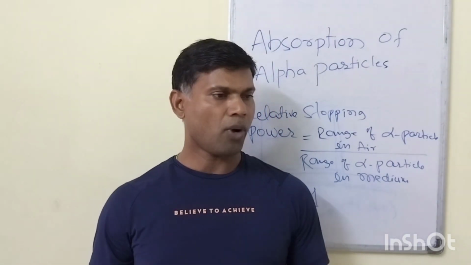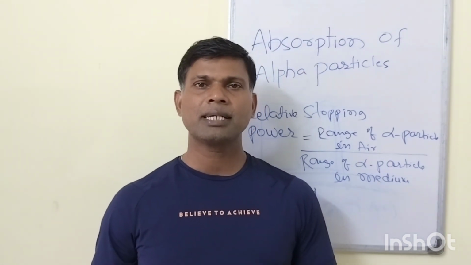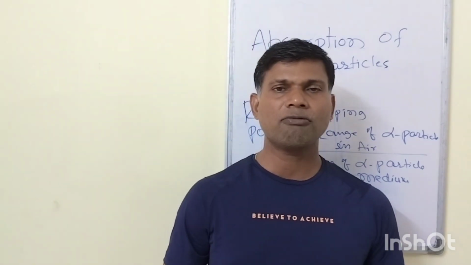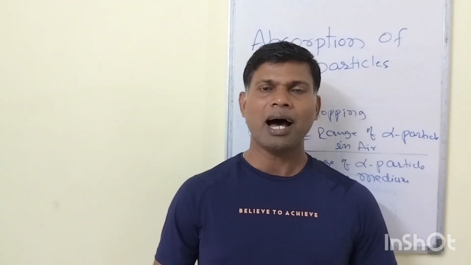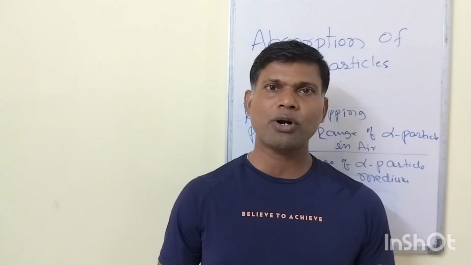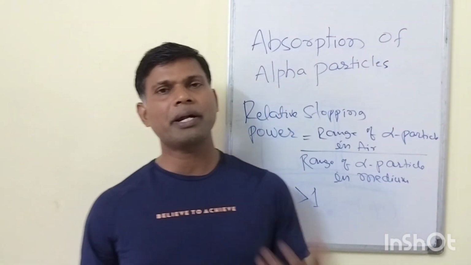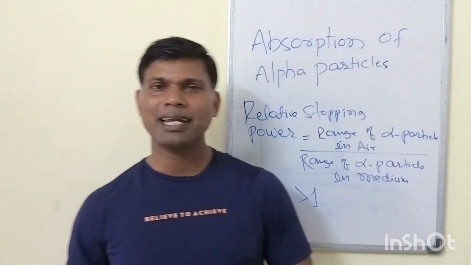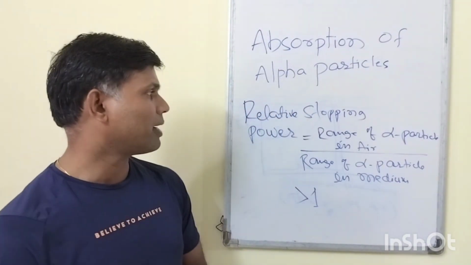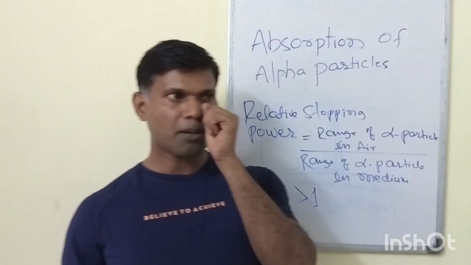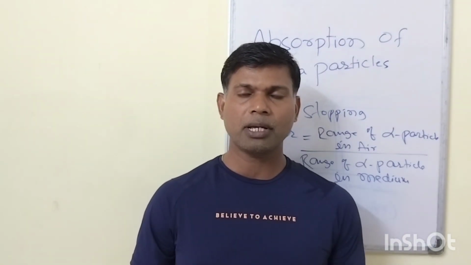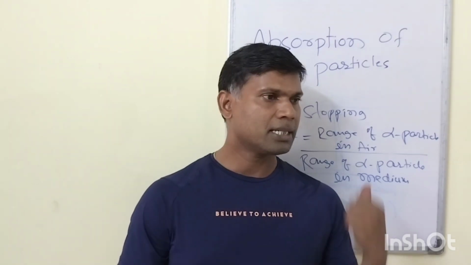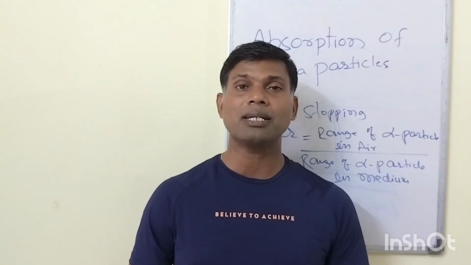So why do we need to understand this? Based on this, you can design a material which can stop the alpha particle very quickly, so that ultimately that radiation should not reach us even though we are operating a nuclear reactor. That is the reason we should and must know this relative stopping power. For example, the relative stopping power for water is 1000.